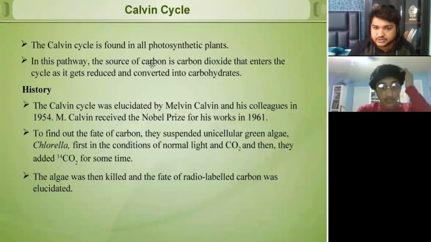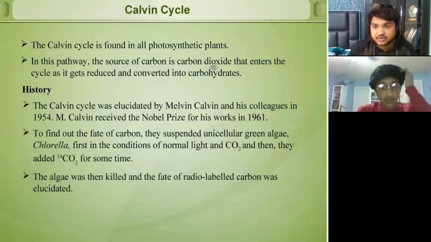In this pathway, the source of the carbon is carbon dioxide. It means whatever compound they form, the source of carbon is carbon dioxide that enters the cycle, gets reduced and forms the carbohydrate. From the H2O, O is produced as O2, the electron is helpful for production of energy, and the H plus combines with the carbon dioxide and forms the carbohydrate.